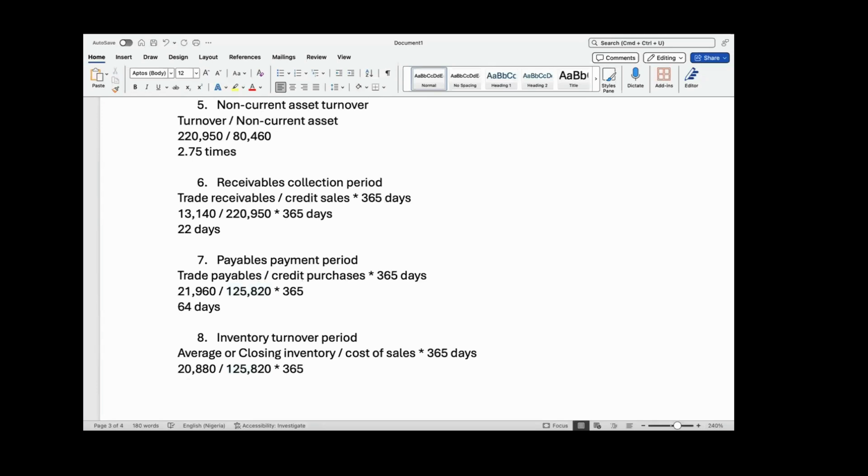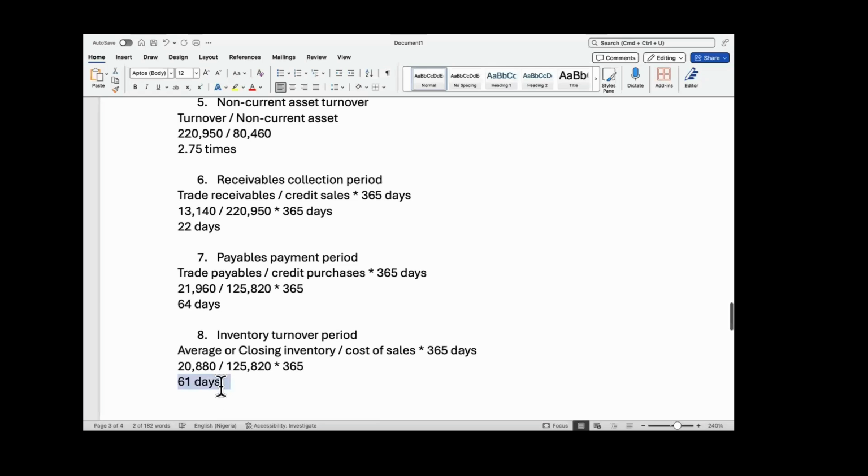So how many days is that? Let's confirm his figures. He has a history of giving wrong figures. 61 days. Yeah, it's 60.57, so yes, 61 days. So these 61 days, what will it mean?